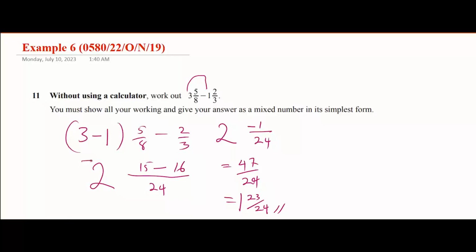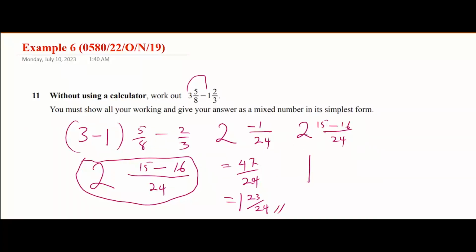So I need to take it again from this place and see another approach if you don't want to do it like this. So you can say you have 2 whole, then 15 subtract 16 out of 24. So another approach is to borrow 1 from this whole number, which is 2. So if you borrow 1 from 2, you'll be left with 1 whole.